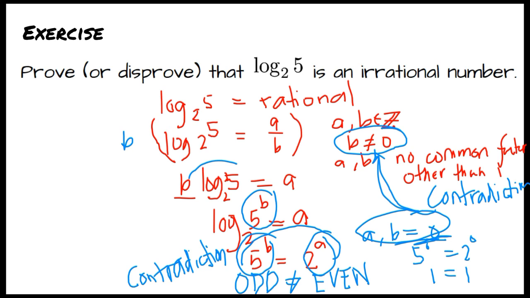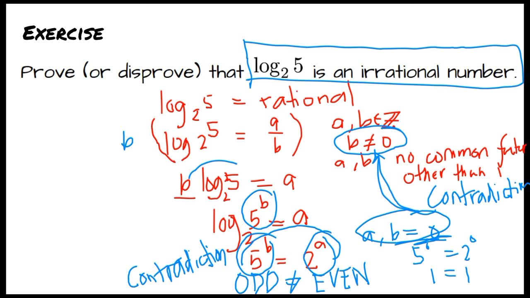Therefore, the original proposition, which is that log of 5 base 2 is an irrational number, is proven to be true by contradiction.